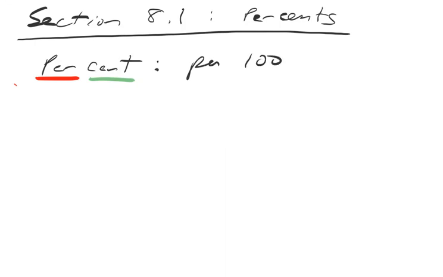Per means per, like as we do in English, like $50 per ticket. So per 100 means out of 100. So if I say a percent, that means a over 100 in fraction land.